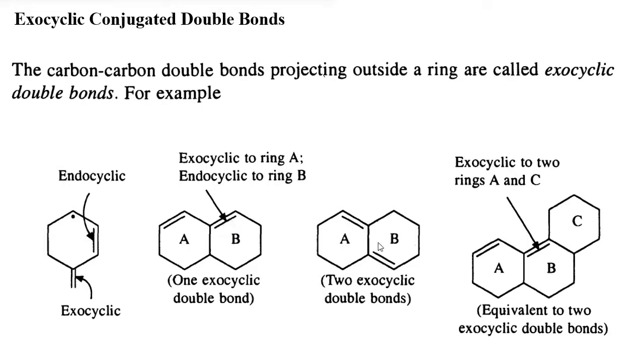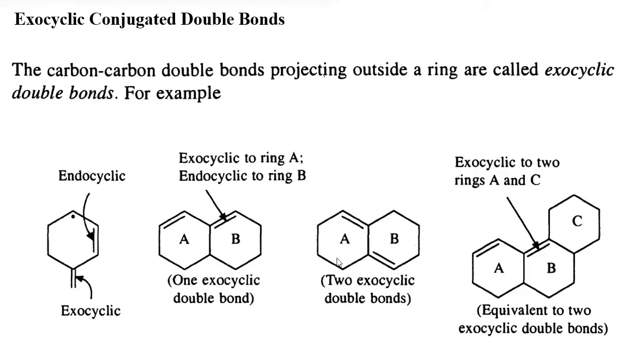In the case of this molecule, this double bond inside ring B is exocyclic with respect to ring A. Similarly, this double bond, even though it is endocyclic with respect to A, is exocyclic with respect to B because it is projecting outside ring B.